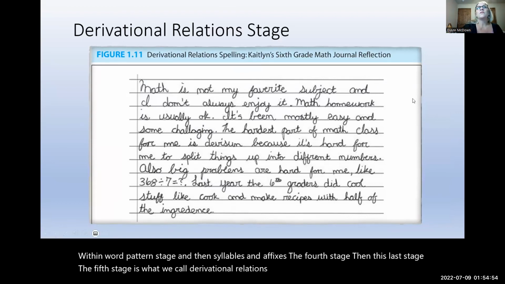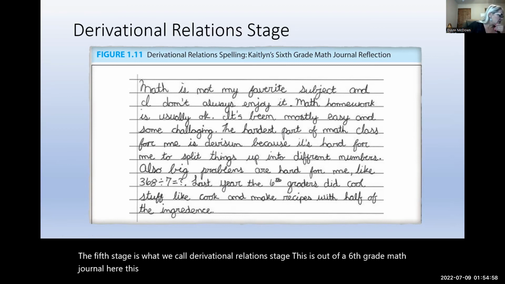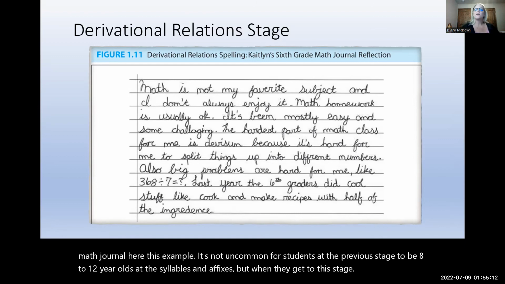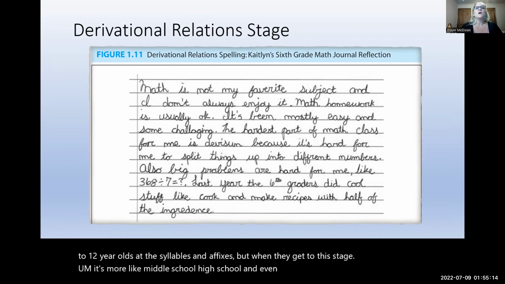This is out of a sixth grade math journal. It's not uncommon for students to be 8 to 12-year-olds at the syllables and affixes stage, but when they get to this stage, it's more like middle school, high school, and even into college. So this is the last stage, the fifth stage.